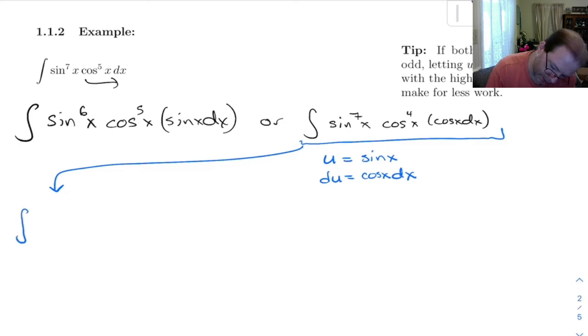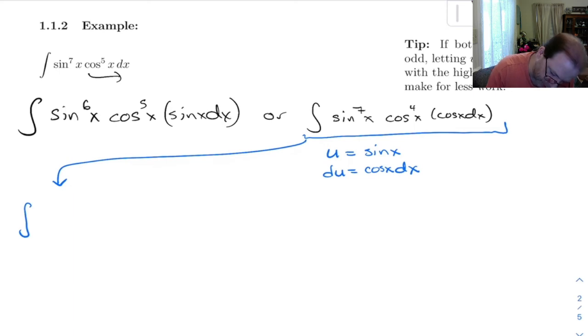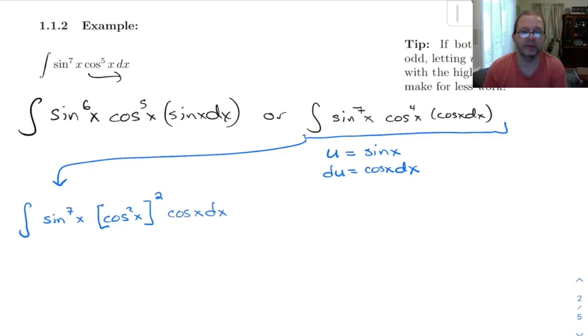And so I'm going to rewrite this as the integral of u to the 7th. Now, cosine to the 4th, we've got to deal with that 4th power here. And here's how we do it. I'm going to keep this in sines and cosines for now. This is sine to the 7th x. I'm going to rewrite that cosine to the 4th as cosine squared x, squared, cosine x dx.